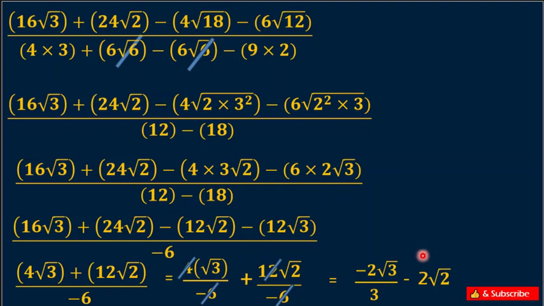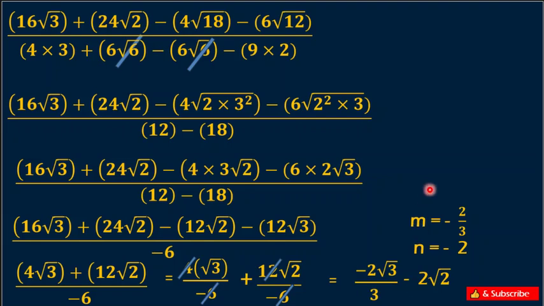And so we see that the expression told us to express our surd as m root 3 and then n root 2. And now we see that negative 2 over 3 becomes our m, and then negative 2 becomes our n, because this is just like the expression we were given. We can see m is equal to negative 2 over 3 and then n is negative 2.